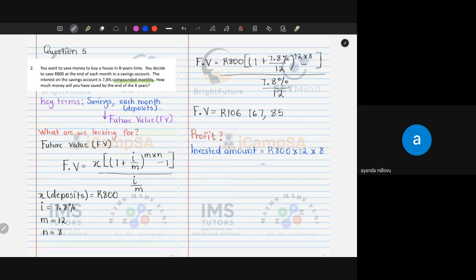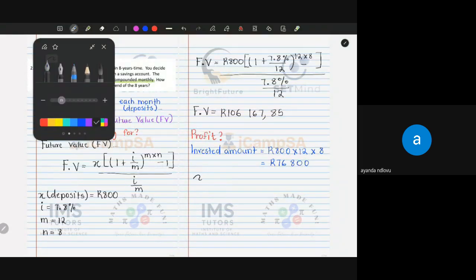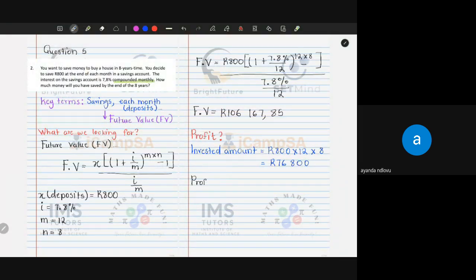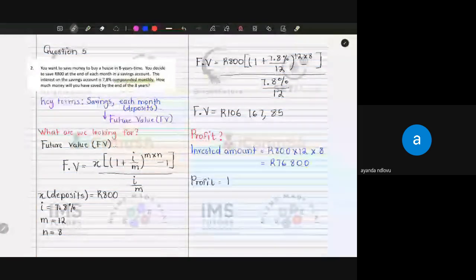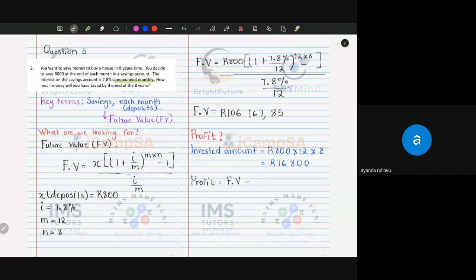So what is the total invested amount, guys? 76,800. And now when we look at profit, this is very easy to work out. It is the future value, the total amount in the bank, minus what we put in, which is the invested amount.